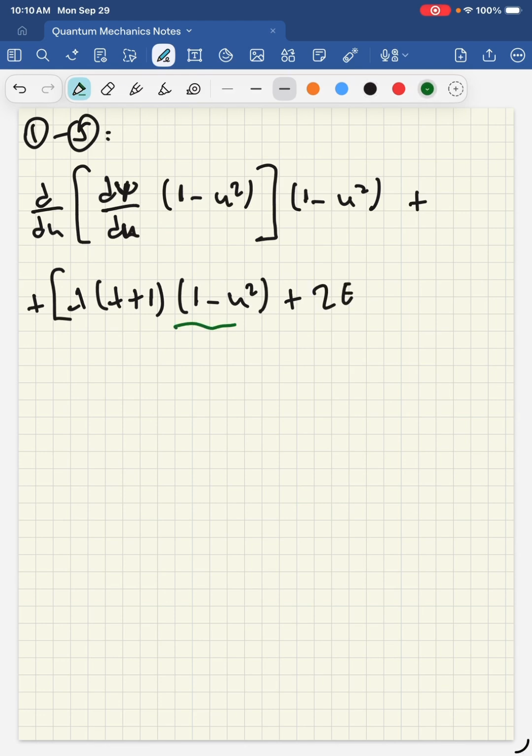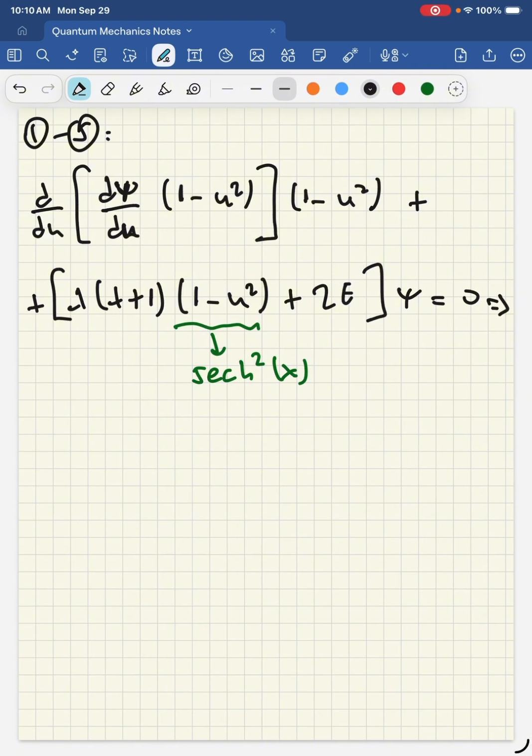This is because, remember, this is equal to the hyperbolic secant squared, and we substitute that, times psi equals 0.